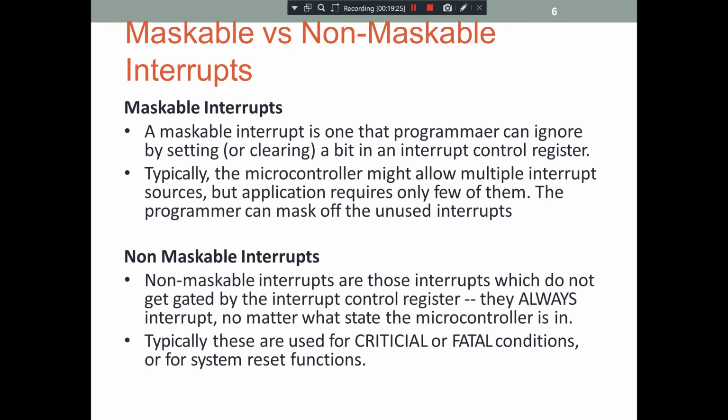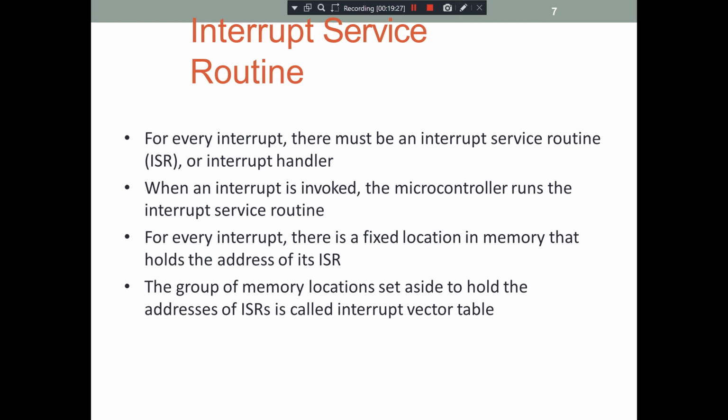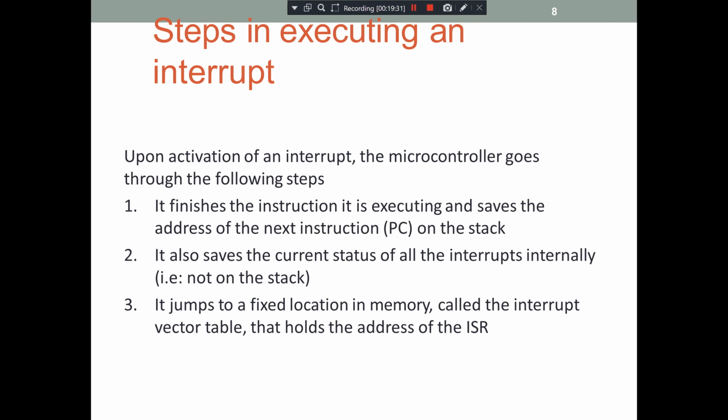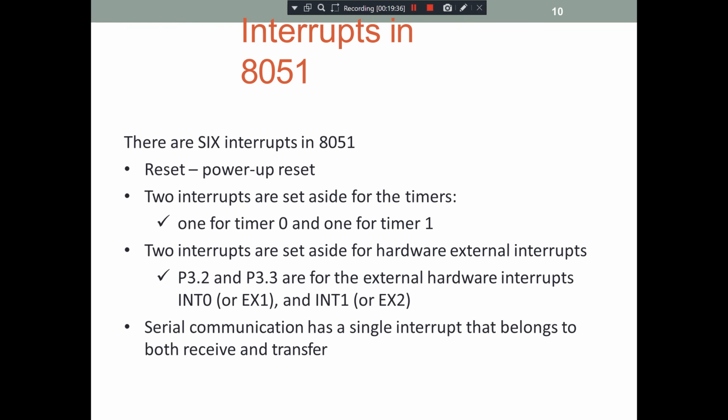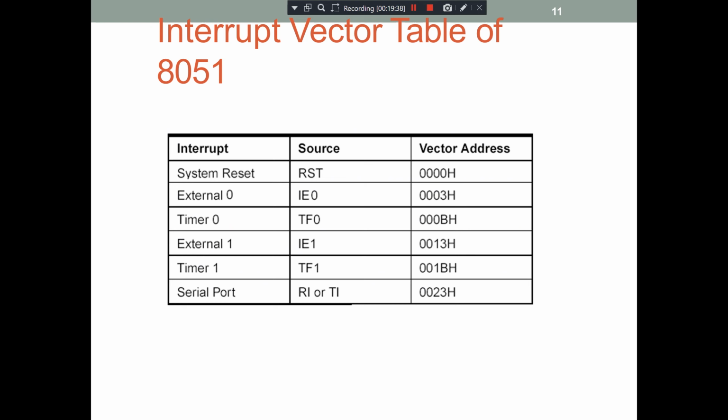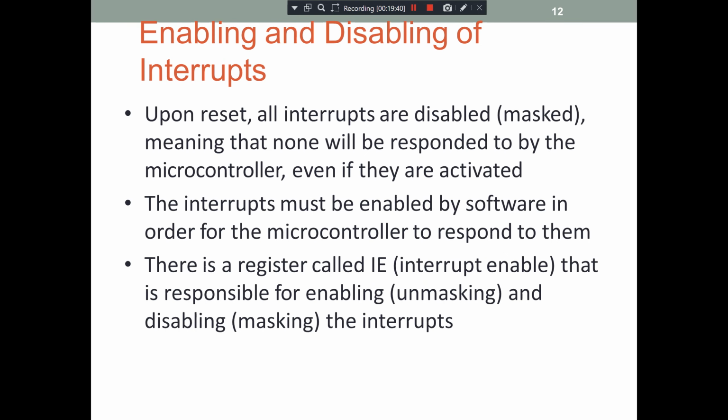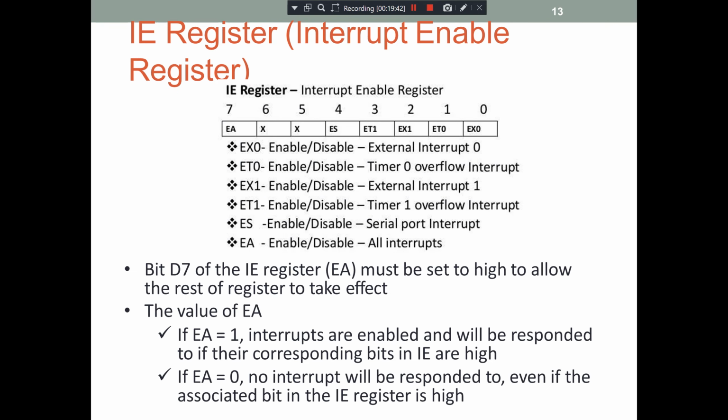Maskable and non-maskable interrupts, the interrupt service routine, that is ISR, and the steps taken to execute an interrupt. It is very important. And the vector table in 8051, how we can enable or disable the interrupts, and finally the interrupt enable register structure. This we have discussed.